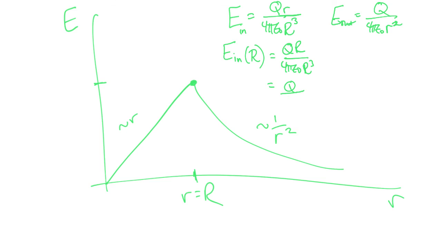So that's Q over 4 pi epsilon naught R squared. And so obviously E outside at capital R is the same thing. So check that spot is, by the way, guys, sometimes we use epsilon for the 1 over 4 pi epsilon naught, sometimes we just do kQ over r squared. You should hopefully be comfortable at this point going back and forth. All right.